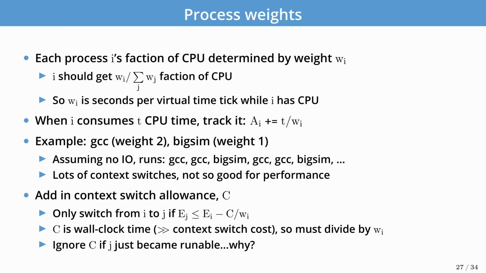This tends to lead to a lot of context switches, so it's not good for us to just assume that as soon as another process has a lower virtual time, we should immediately switch.